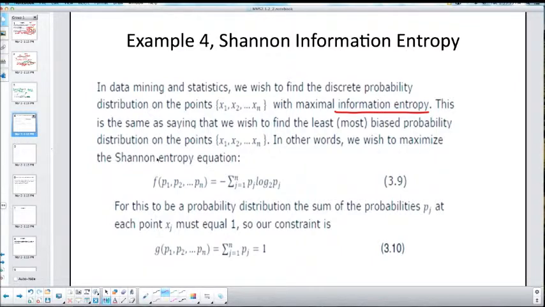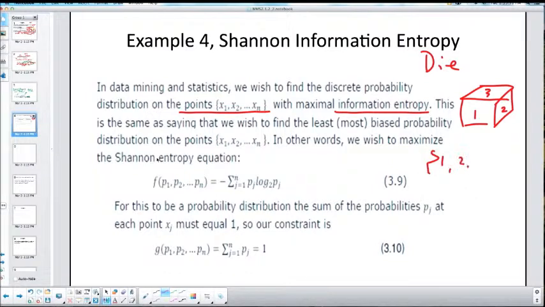distribution function. If I have n points, you can think about a die with 6 numbers: 1, 2, 3, 4, 5, 6. An unbiased die.